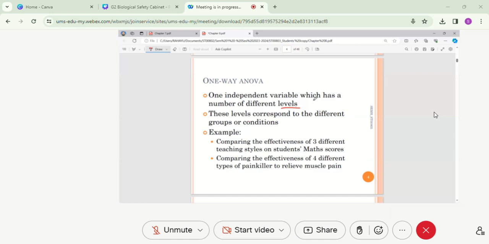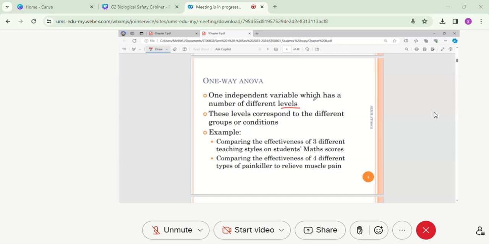And then when you have the muscle pain again, we give you the second type of painkiller. Then flush out, and when it happens again, we give you the third painkiller. Every time you are given a new painkiller, you measure the time for the painkiller to relieve your muscle pain.